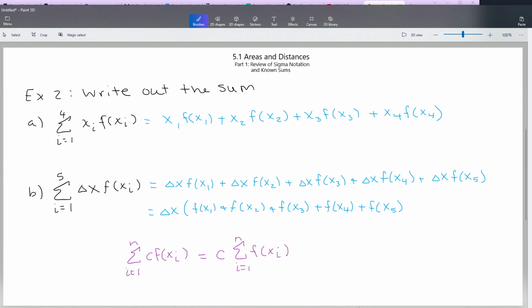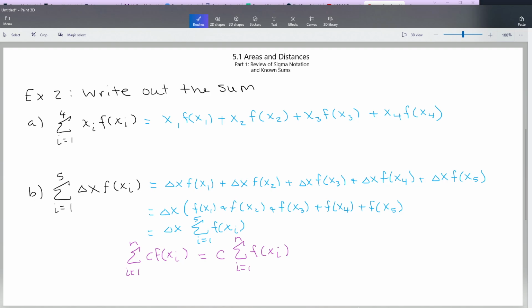Okay. And that's what we're seeing here, right? We're seeing this as delta x times the sum from i equals 1 to 5 of f of xi. Okay? So all this is saying is that if you have something that's not affected by the index, right, it's a constant, then you can factor it out of the sum, and you see why here, right? It appears in every term, so you can just factor it out.